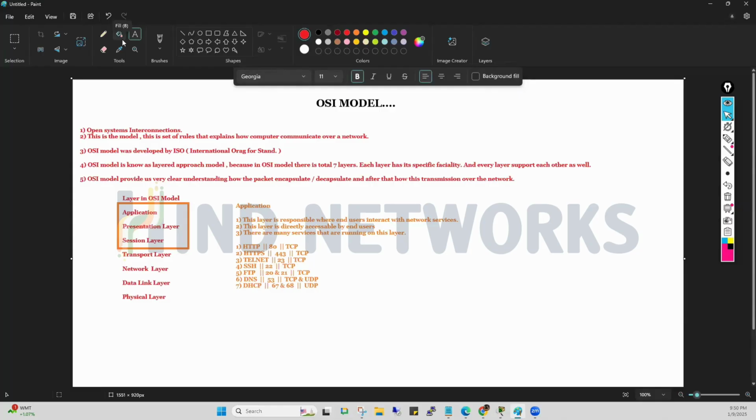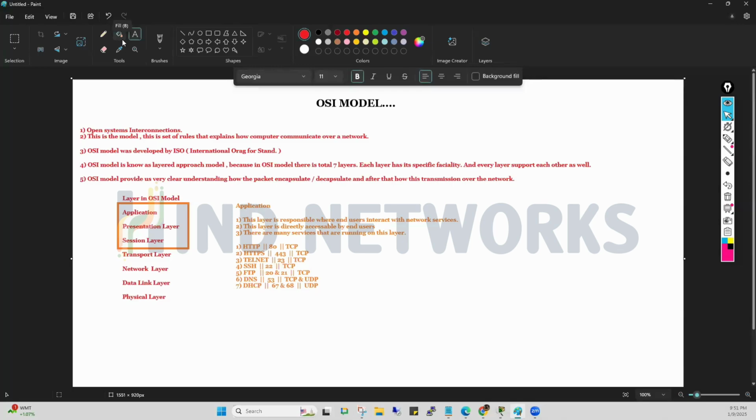Your question is, I don't understand, Telnet is not secure, so why does it use TCP? Because TCP is also not secure. I will explain it later. But yes, please remember, Telnet is not secure.